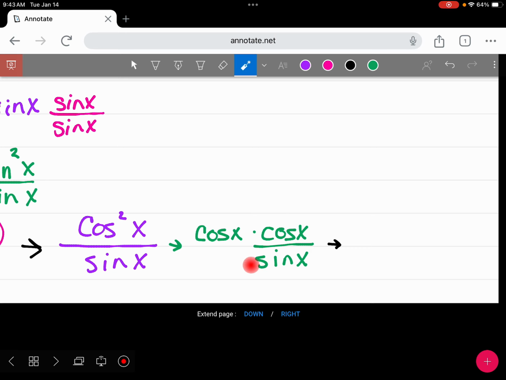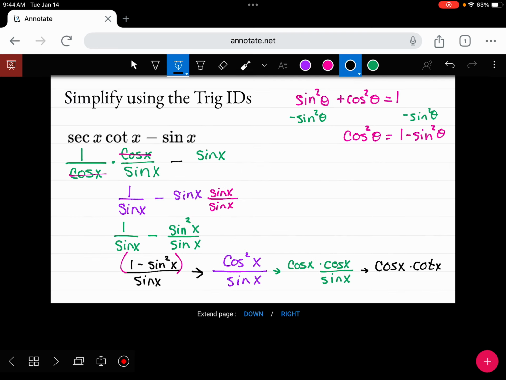This piece, cosine over sine. It's not cosecant. It's our cotangent. So I could rewrite this as cosine of x times our cotangent of x. Okay, so this would be my favorite answer, but this one's not terrible.